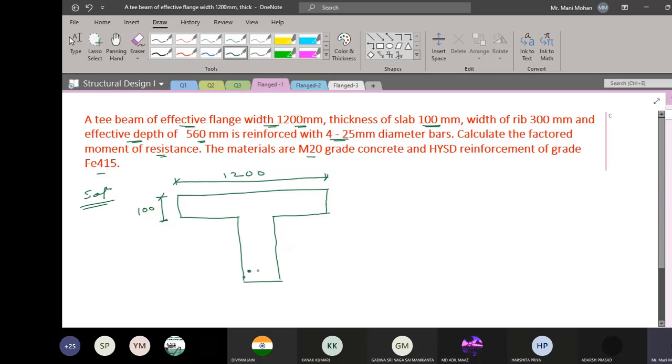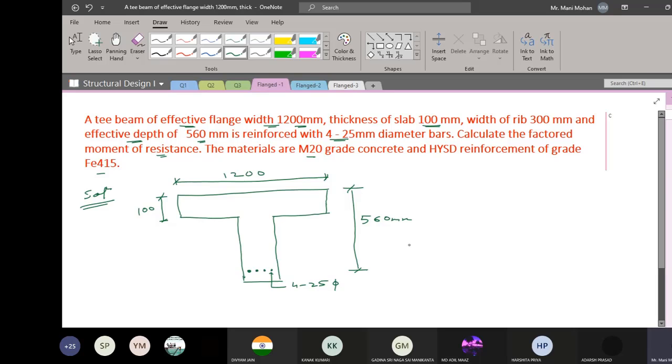So here you have this reinforcement. This is provided on the tension side. So here this is 4 number of 25, and then you have this effective depth, which is going to be measured from the top of the flange to the CG of the steel, and this is given as 560.